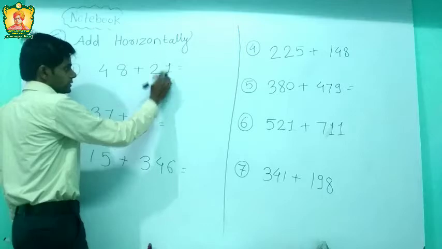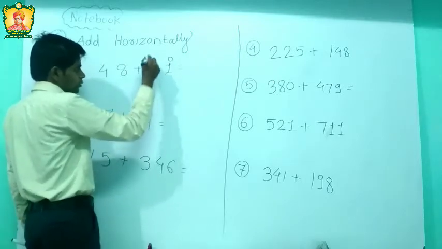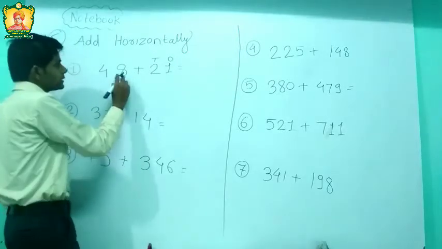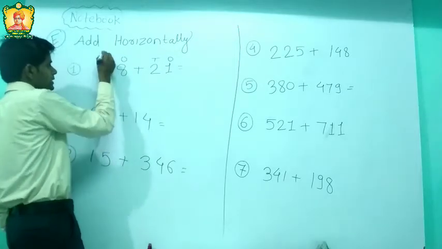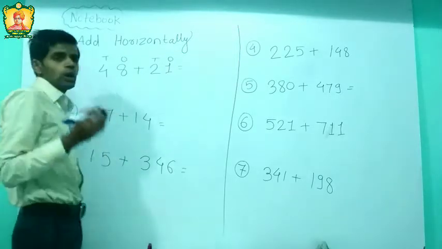Look at this, the 1 is at the 1's place and 2 is at the 10's place. This 8 is present at the 1's place and 4 is at the 10's place, so how can we add them?